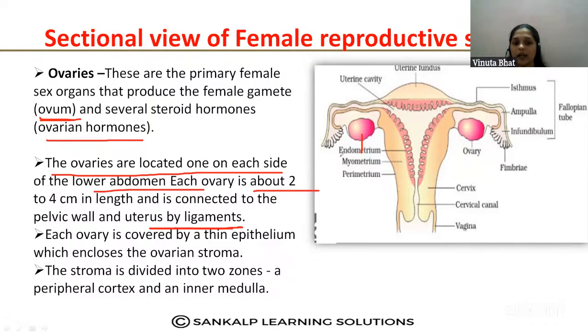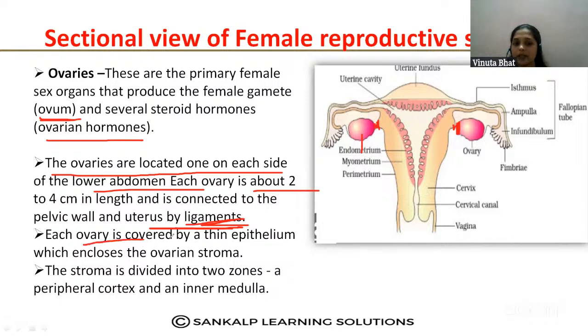Pelvic wall and uterus by ligaments. ಇಲ್ಲಿ ನೋಡಿ, ಈ ಓವರಿ ಅನ್ನುವಂಥದ್ದು ಯುಟರಸ್ ಗೆ ಇಲ್ಲಿ ಈ ಪಾರ್ಟಿಗೆ ಕನೆಕ್ಟ್ ಆಗಿದೆ ಅಲ್ವಾ? ಎಕ್ಸ್ಟರ್ನಲ್ಲಿ, ನಾಟ್ ಇಂಟರ್ನಲ್ಲಿ, ಎಕ್ಸ್ಟರ್ನಲ್ಲಿ ಕನೆಕ್ಟ್ ಆಗಿದೆ ಬೈ ಅ ಸ್ಪೆಷಲ್ ಟಿಶ್ಯೂ, ದಟ್ ಈಸ್ ಕಾಲ್ಡ್ ಆಸ್ ಎ ಲಿಗಾಮೆಂಟ್ ಅಂತ ಕರೀತಾರೆ. ಲಿಗಾಮೆಂಟ್ ಥ್ರೂ ಏನಾಗಿದೆ? ಇದು ಕನೆಕ್ಟ್ ಆಗಿದೆ.